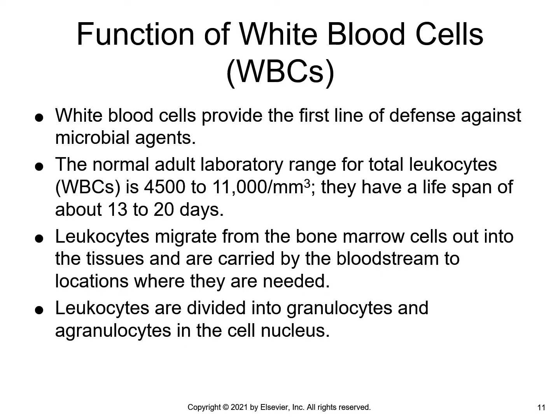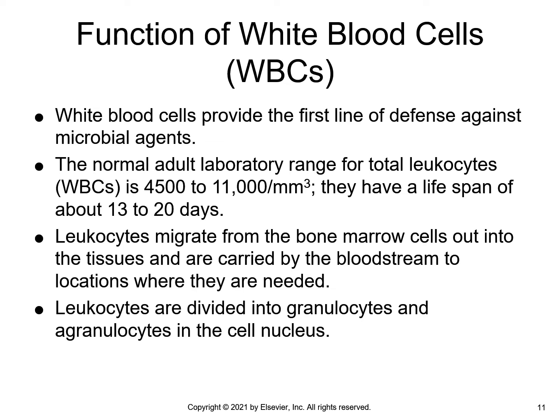White blood cells are one of our first lines of defense to assist our body if there's an antigen or a pathogen that comes into our system. The normal value that is known is either 4,500 to 11,000 or 5,000 to 10,000.